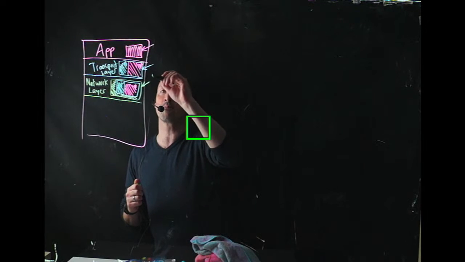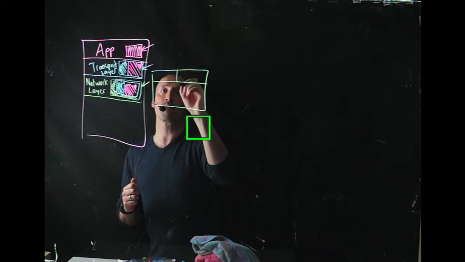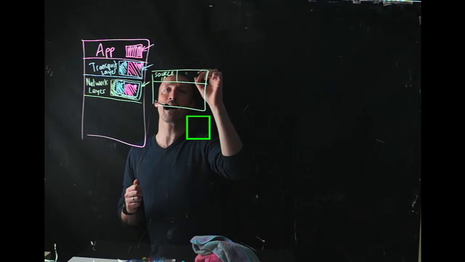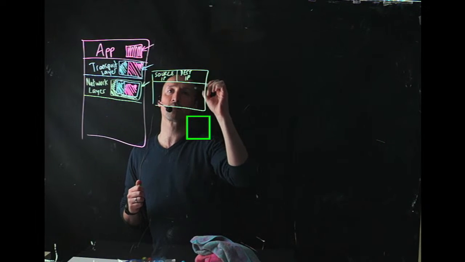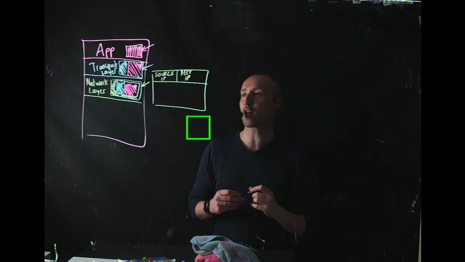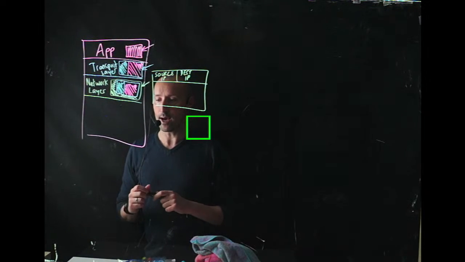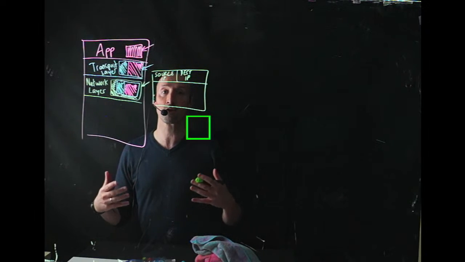In the datagram, we have a source IP address and a destination IP address. This is a little bit like an envelope system, your Christmas card.